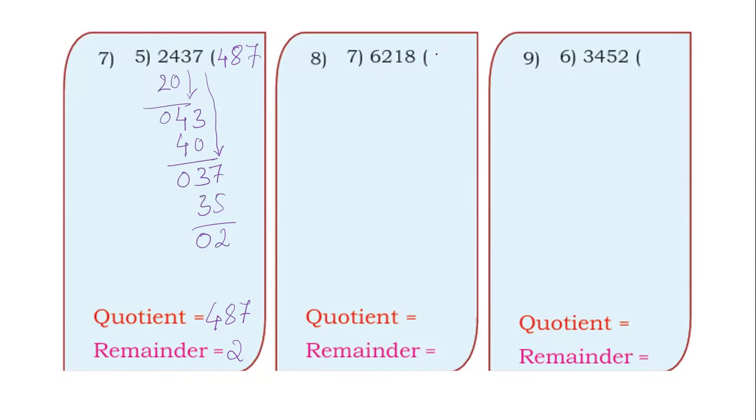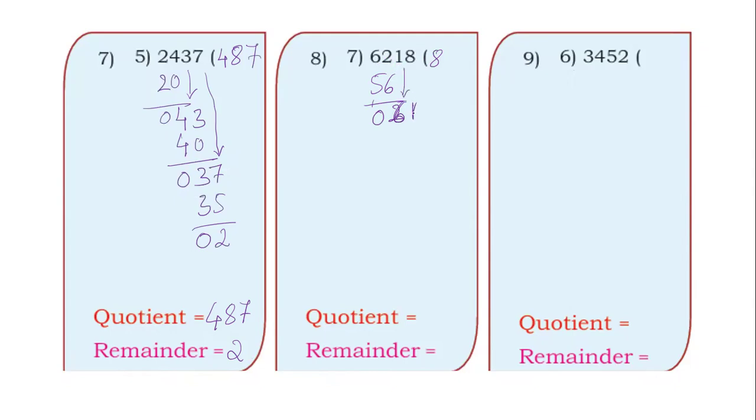6218 divided by 7. Take these two numbers. 7 8s are 56. 2 minus 6 is not possible. Take the tens digit. It becomes 12. 12 minus 6 is 6. Carry 1. 6 minus 6 is 0. Take next number 1.